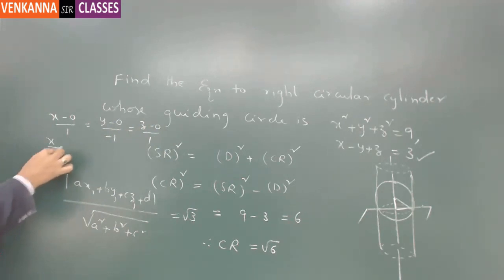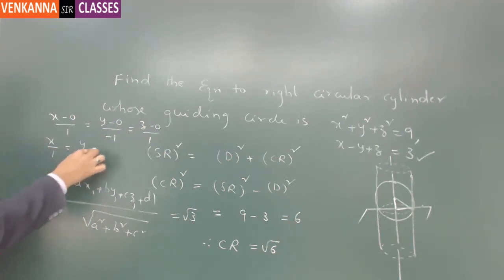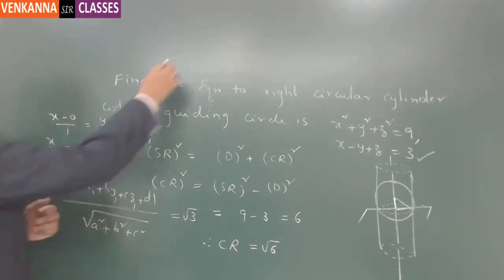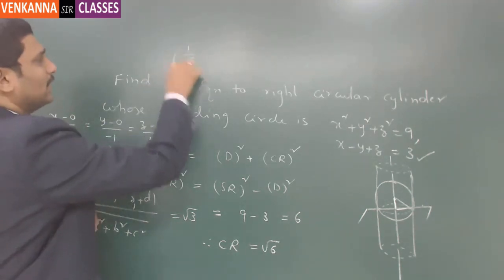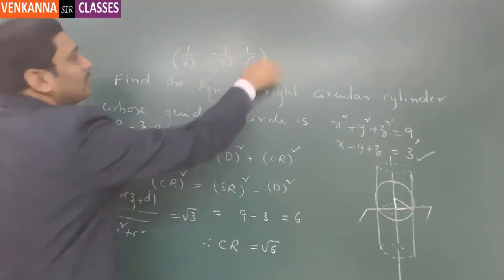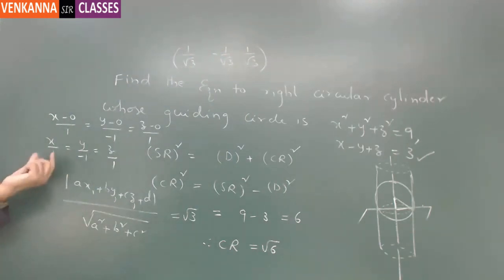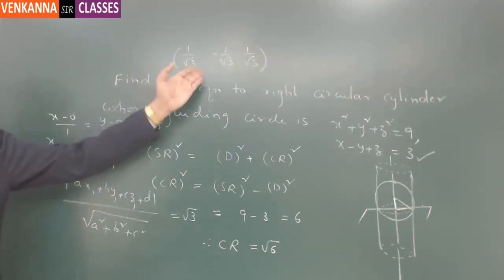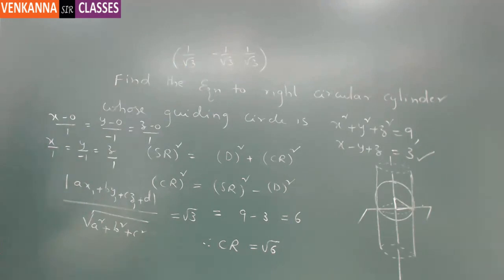Nothing but x/1 equal to y/(minus 1) equal to z/1. So here 1, minus 1, 1, as you consider, the DR values are proportional to these things. Hence, the actual DCs of the axis are nothing but 1/root 3, minus 1/root 3 and 1/root 3. I think you know from 1, minus 1, 1, you will get this value. Will you agree?